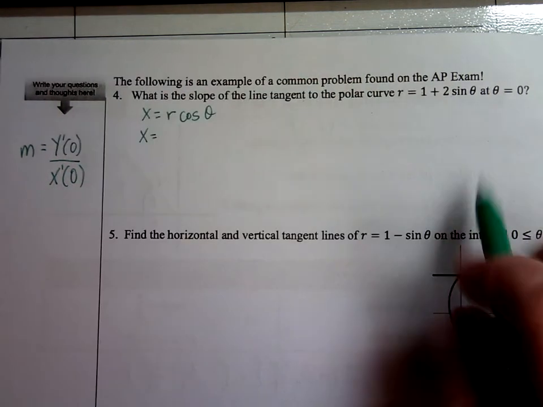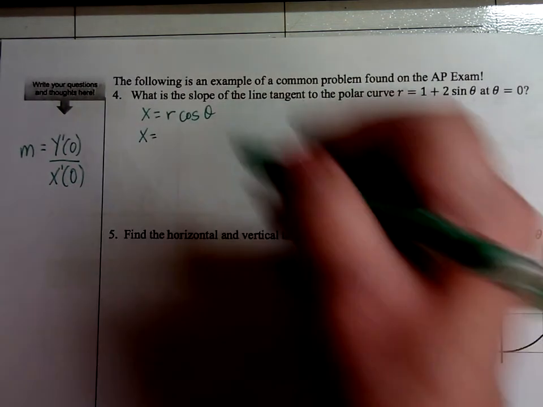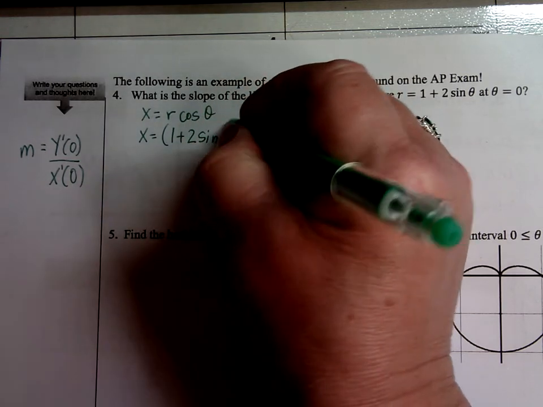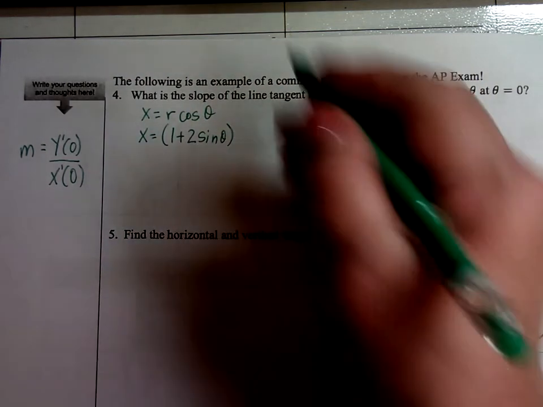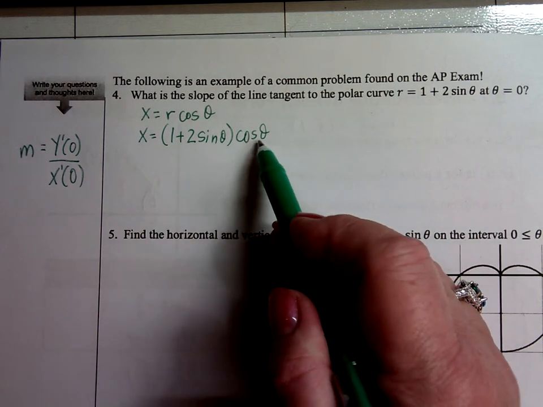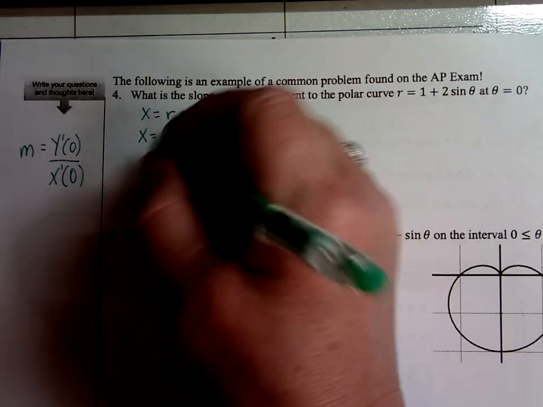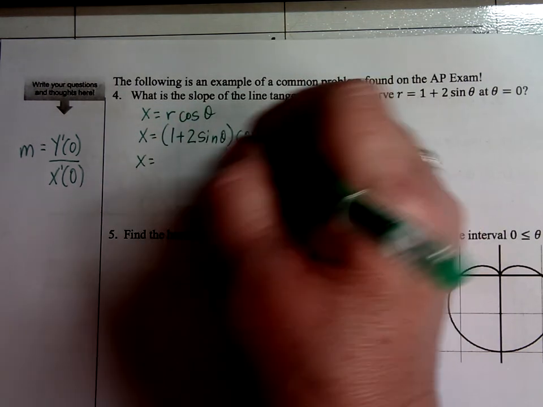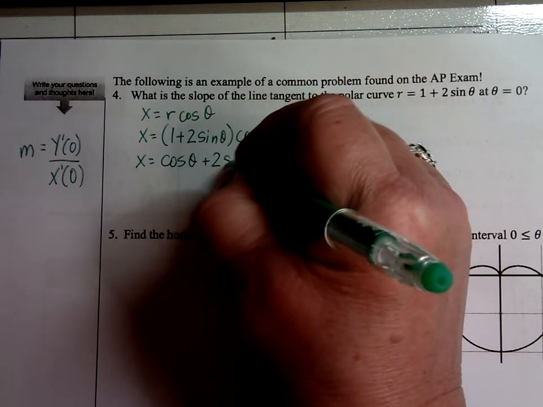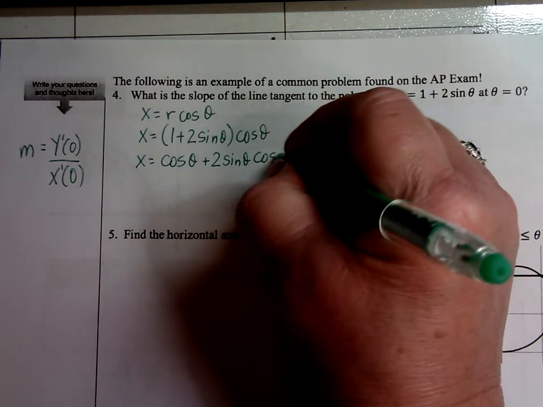Well, r is 1 plus 2 sine of theta. So 1 plus 2 sine theta is my r, and then times a cosine theta. And I know I'm going in the direction of having to find the derivative, so I want to put it in a form that's going to be nice. I'm going to distribute this cosine into this. So I'd have 1 times cosine is cosine, and this guy's going to be 2 sine theta cosine theta.